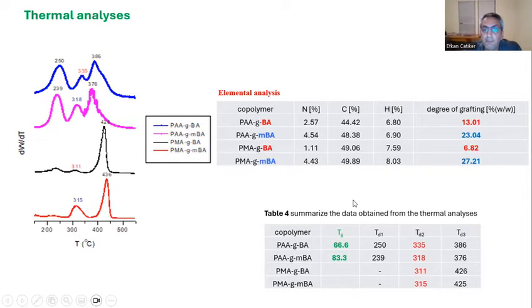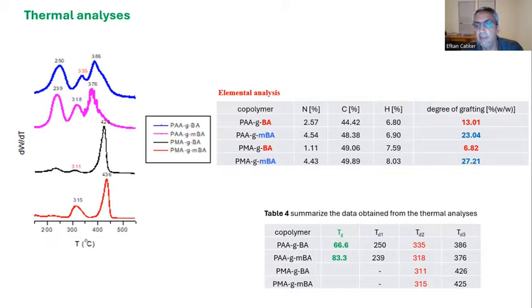Moreover, DSC analysis was performed to see the Tg value of the graft copolymers. Unfortunately, we couldn't observe Tg for methacrylic acid graft copolymers, but we obtained data for acrylic acid graft copolymers, and these Tg values are lower than the homopolymer of polyacrylic acid, as expected.